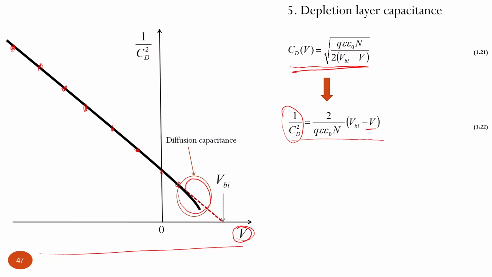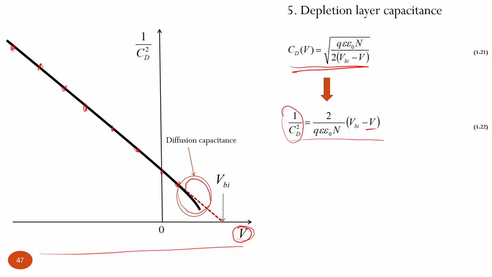However, it's not the electric capacitance of the depletion region. That's why we don't consider it right now. We consider only the geometric capacitance of the depletion region, which is associated with the Maxwell displacement current.